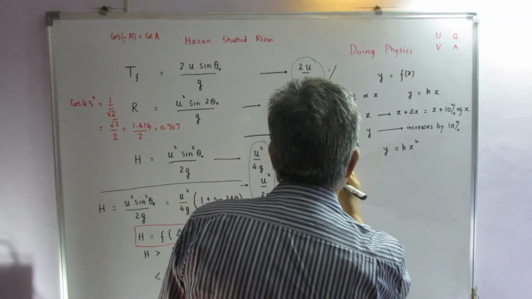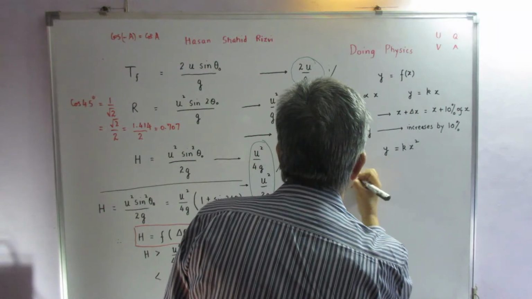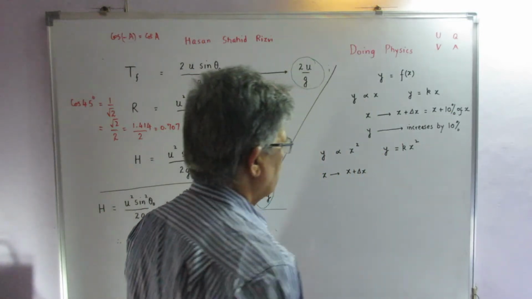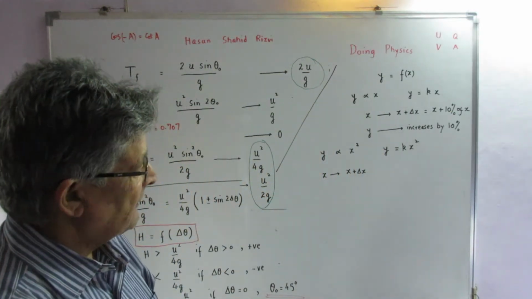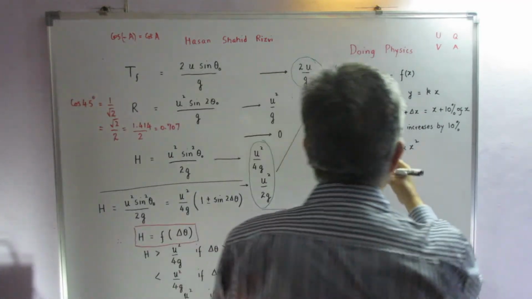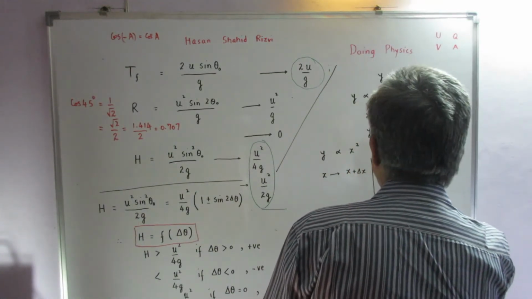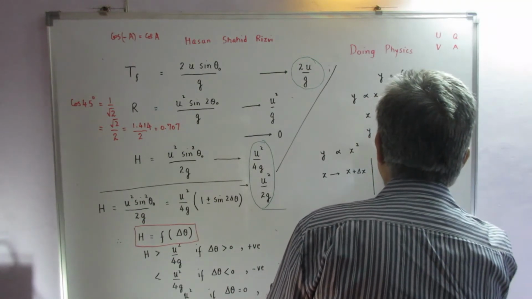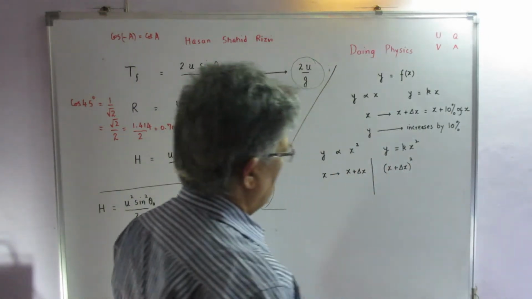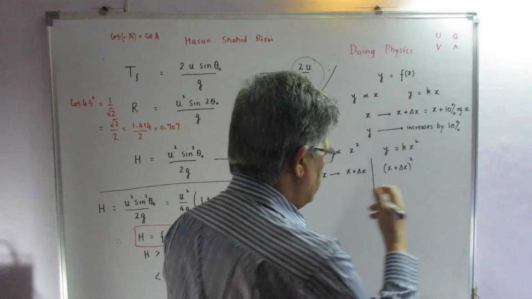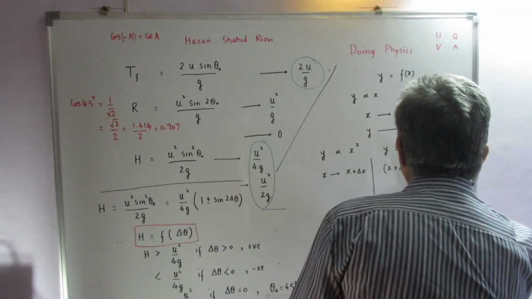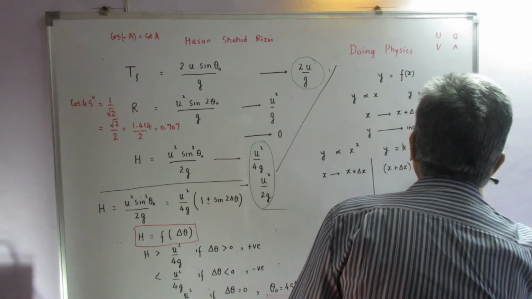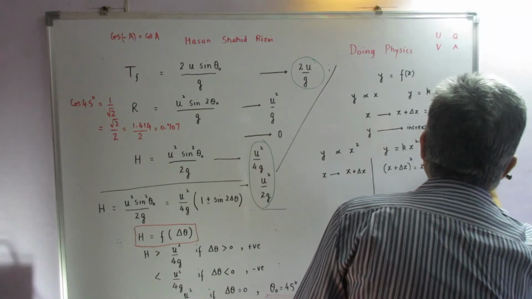If x goes to x plus delta x, what happens to y? y goes to y plus delta y, but (x plus delta x) square is very simple, it's very easy for you to understand, and this is equal to x square plus 2x delta x plus delta x square.